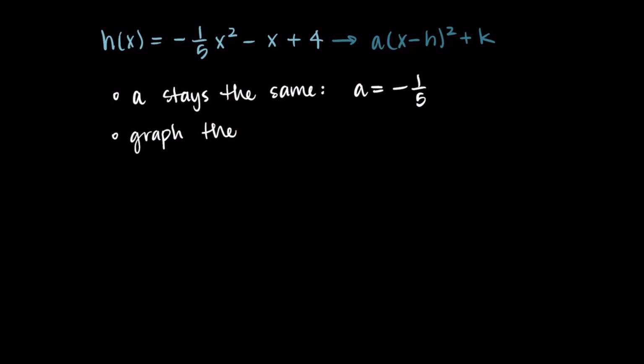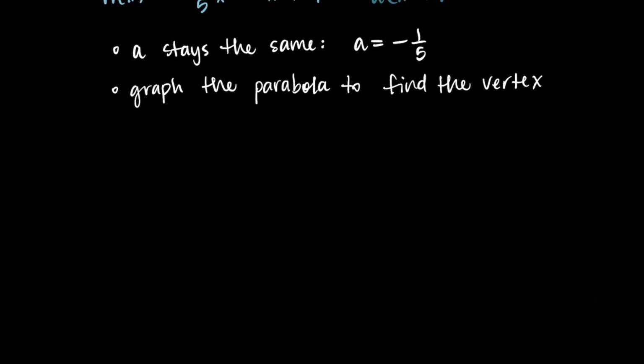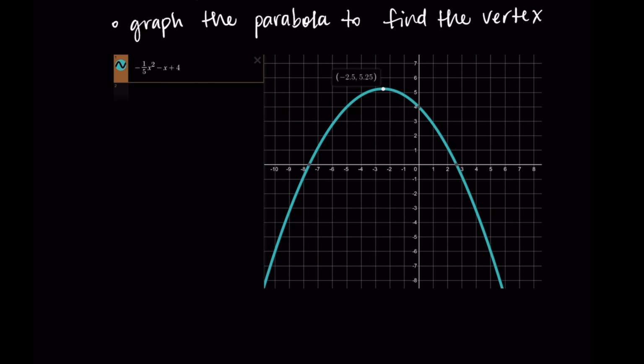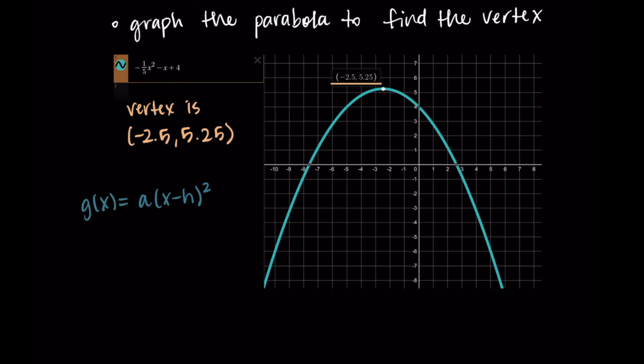Now we need the vertex, h and k, so we're going to graph the parabola in order to find this point. In Desmos, I've graphed -1/5 x squared minus x plus 4, and the vertex wasn't as clear to see, so I just selected it. Desmos already had it available for me to pick, and it's given me the coordinates -2.5 and 5.25. So I'm seeing the vertex is that point, and from here I have my h and my k.